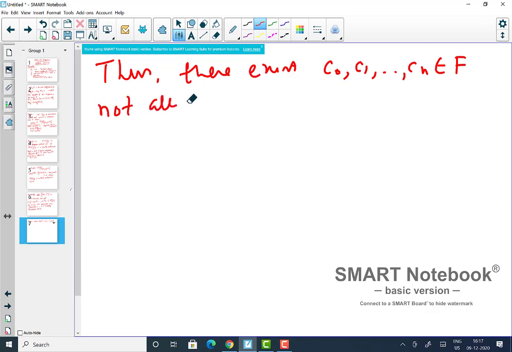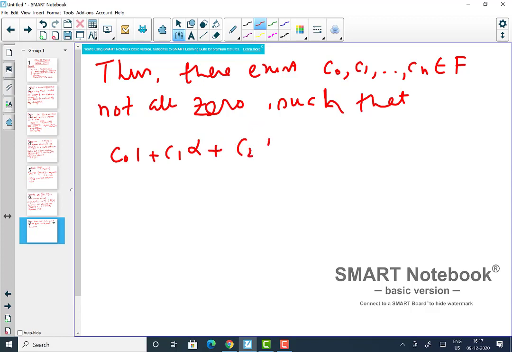They cannot be all 0, otherwise it will violate the property of linear dependence, such that C0 into 1, plus C1 into alpha, C2 into alpha square, and so on, Cn into alpha power n, has to be equal to 0, right? This is the meaning of linear dependence.